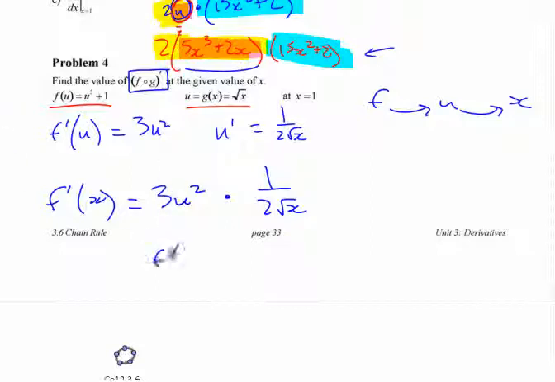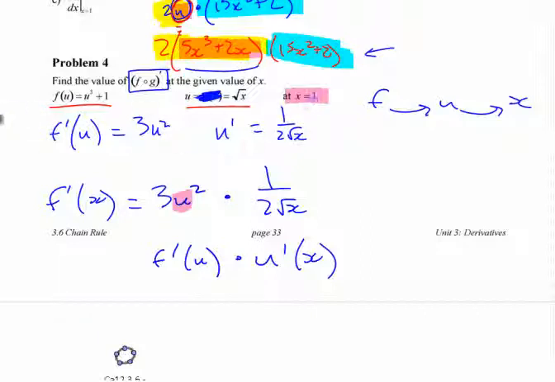It's f prime of u times u prime of x. I know it confuses the issue because it says this g in here, right? F prime u prime x, right? It's the outside prime, the outside with respect to the inside and the inside with respect to x. And then you just need to replace that with what it's equal to, right? If you're trying to work this out.